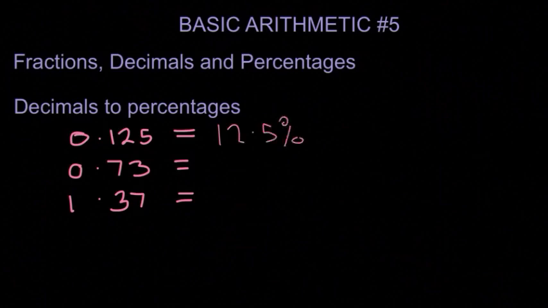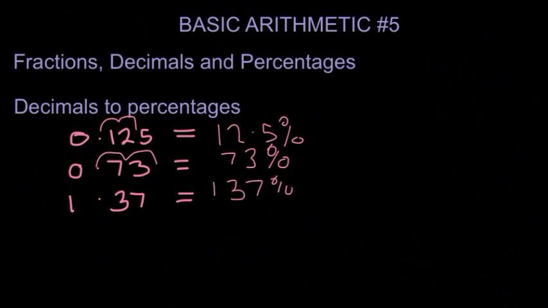We've moved the decimal place 2 places over to the right. 0.73 would be 73%. We've moved the decimal place 2 places to the right. 1.37, if we express that as a percentage, will be 137%, because we've moved the decimal place 2 places to the right.